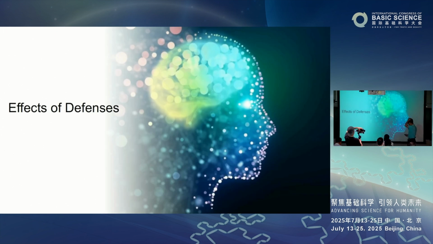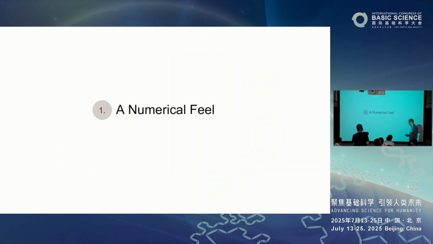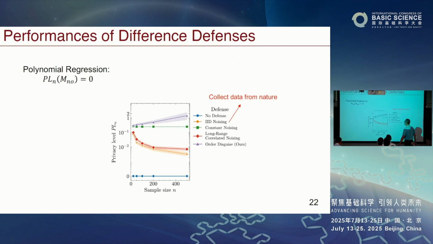Okay, so let's talk about some specifics, so you have a more concrete idea of what we're doing. Here is a numerical study. I want to consider a really simple case so that hopefully you understand numerically what is going on. We have a polynomial regression setting, so F star is just a polynomial.